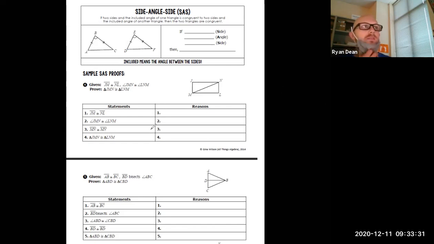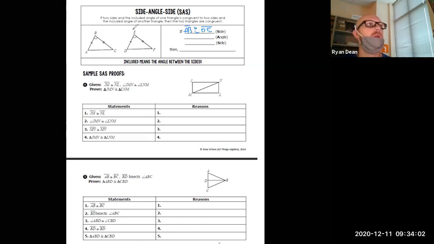With this, we're going to have a pair of congruent sides. Here we have AB has to be congruent to DE because they both have one hash mark. Then we have an angle, and this angle has to be included.